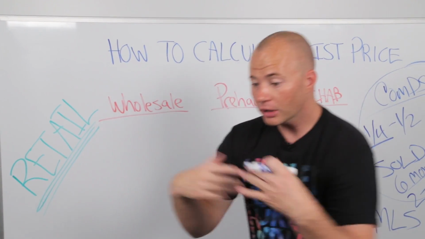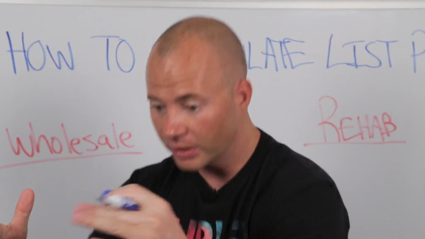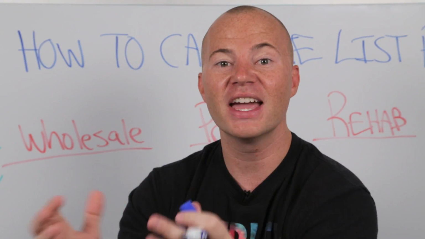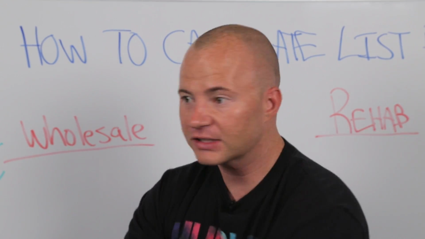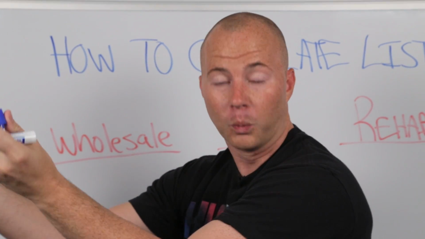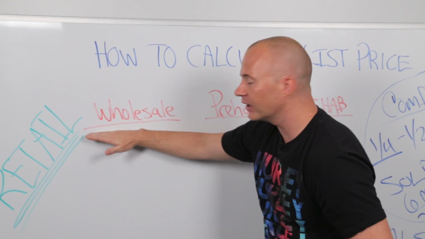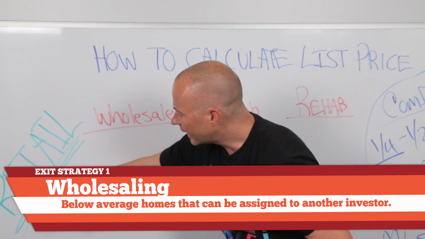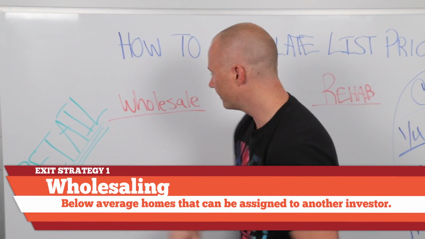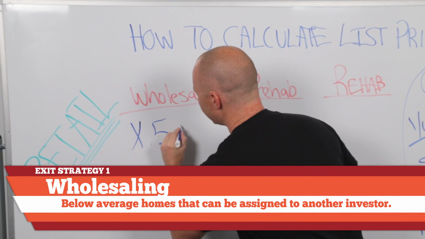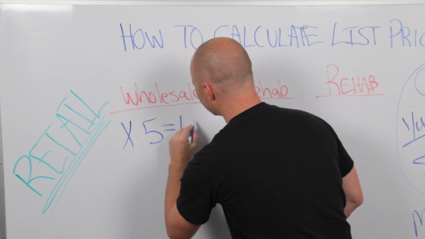$100,000. So your target buyer is going to be a real estate investor. When they go to fix that property up and sell that property, it's already fixed up, they're going to retail it for $100,000, right? So if your exit strategy is to wholesale this property, you take the retail figure times 0.5 equals your list price.